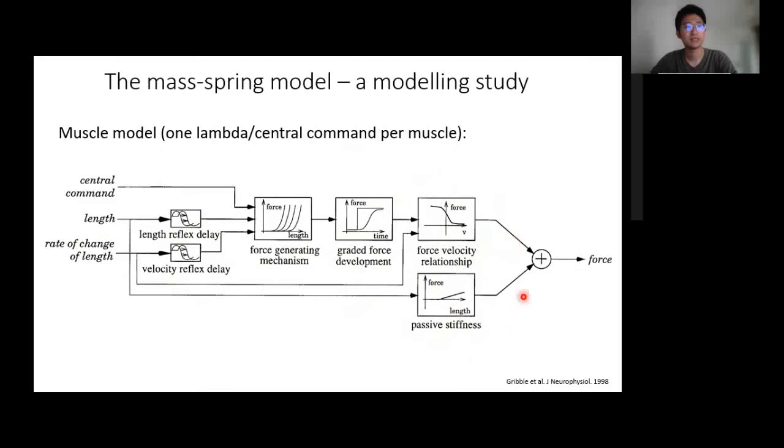This passive property of muscle is actually more complex, and in this study they use a simplified model. Actually, the most popular model we use is a Hill-type model, which I will not talk about now, but Rashid will talk about a Hill-type muscle model in his lecture in 2 weeks. So this just gives you a general idea that we can do a simulation study using a model taking into account the force-length properties of muscle force generation.